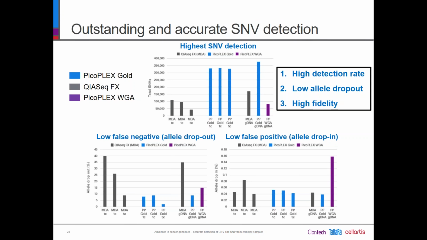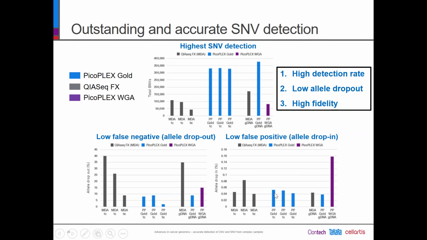Another way of looking at accuracy and robustness of your detection of SNVs is looking at false positives in your data. In that case, we evaluated allele drop-in frequency, and you can see that it's really maintained at a very low level.